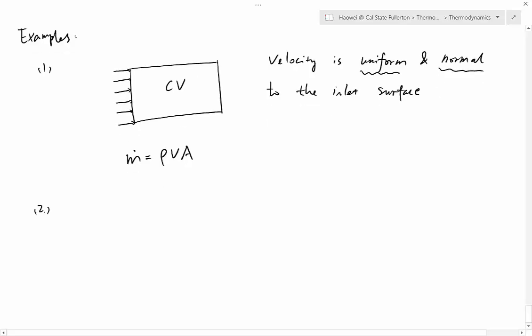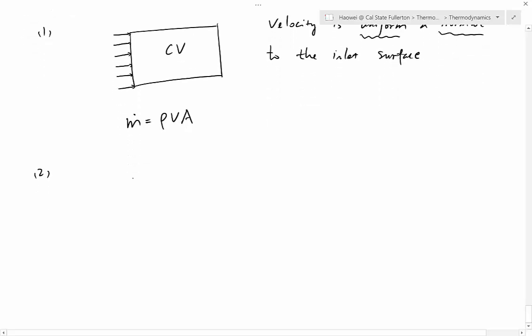And now let's take a look at a different case, case number two. You still have a control volume, and then you still have an inlet. But this time, the velocity will be uniform, but not normal anymore. It's not perpendicular to the surface, but at an angle.